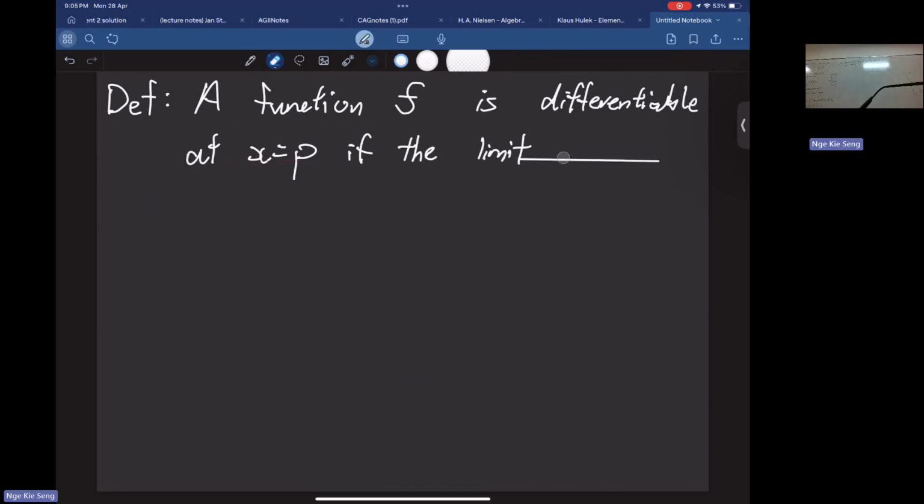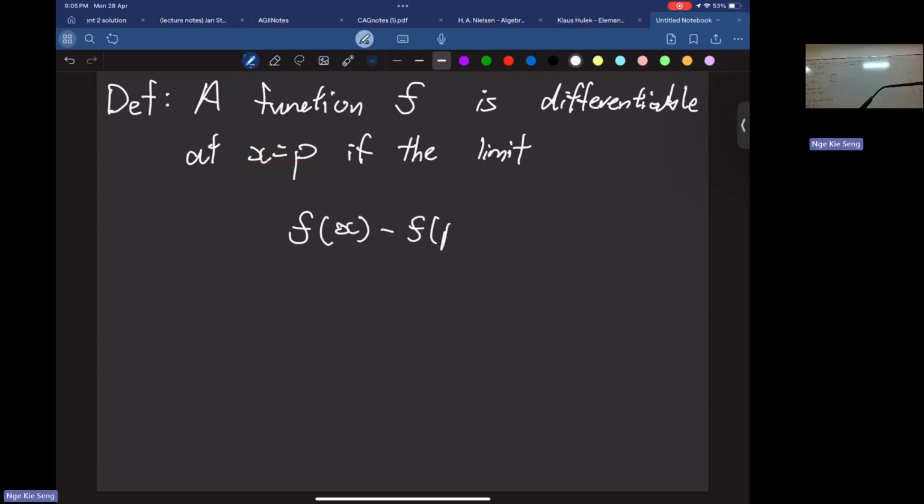So what's the limit here? We no longer look at f(x) anymore. What we look at is (f(x) minus f(p)) over (x minus p). The limit of this guy exists.